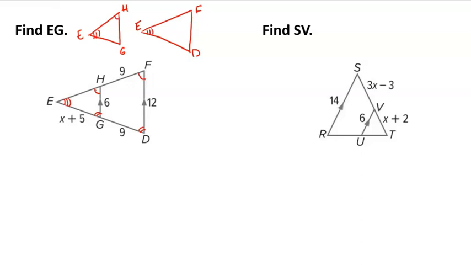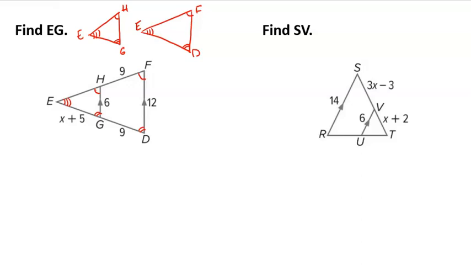H and F are congruent via corresponding angles, and then G is congruent to D by corresponding angles given parallel lines. So if it helps you with drawing them out separately, that was something that I used to do. It made it a lot easier for me.